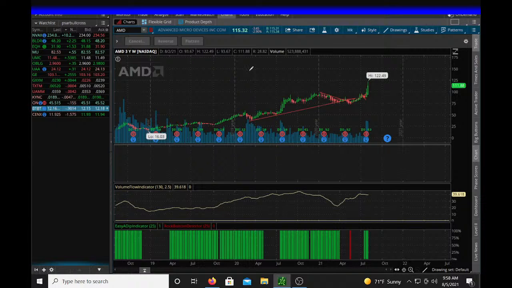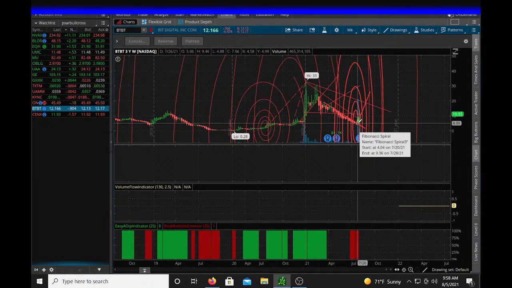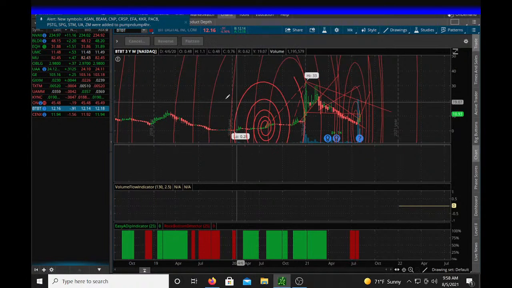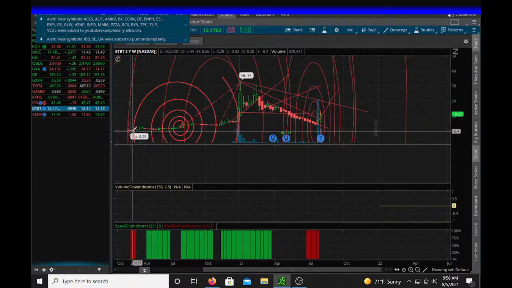That's one we've been watching ever since it hit its, well, not this low, but this low. It would have been nice to be in it from this low. That would have been great. Wow. Yeah, that would have been just awesome to be in Btbt from this 28 cents here.